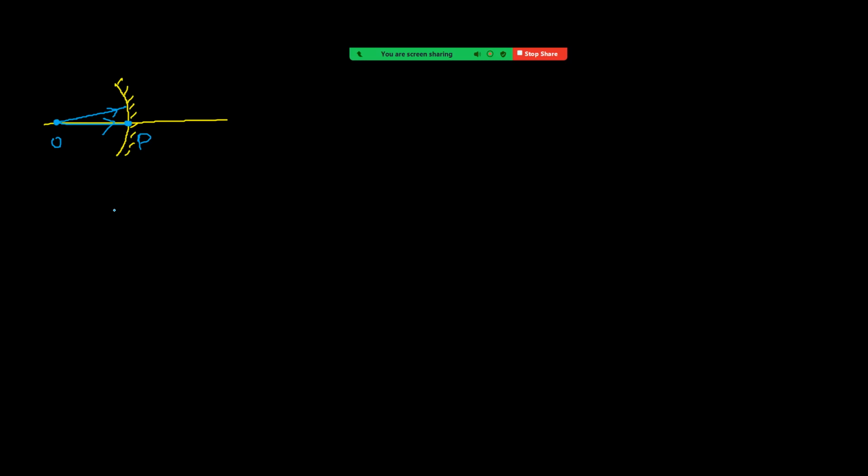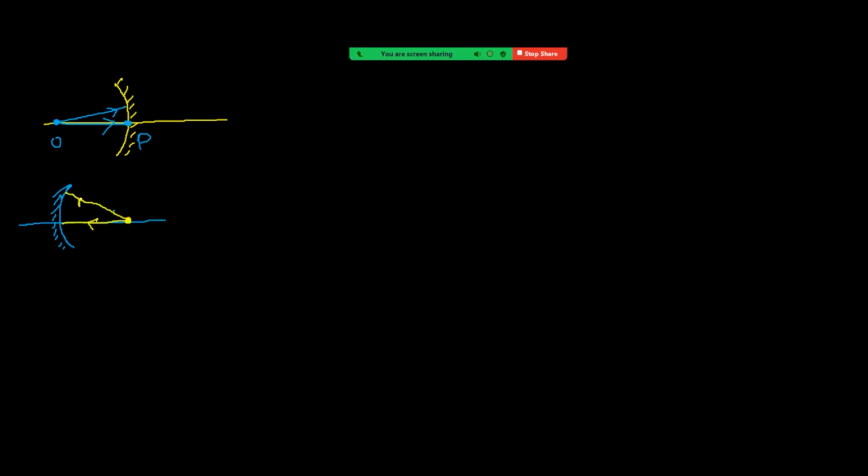For example, the mirror is like this. This is the principal axis, and we take it as the x-axis, and take a real object. This is the object. Now in this case, light rays are traveling towards the left side.